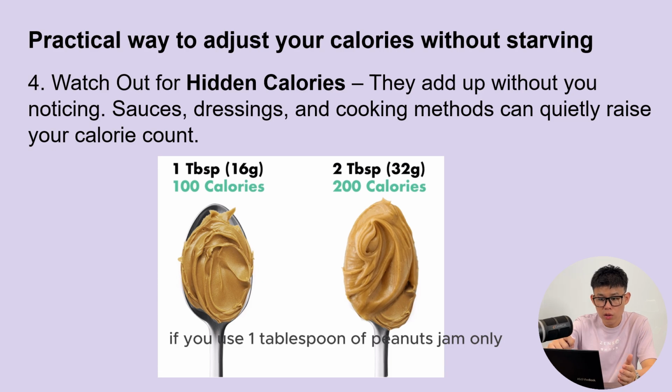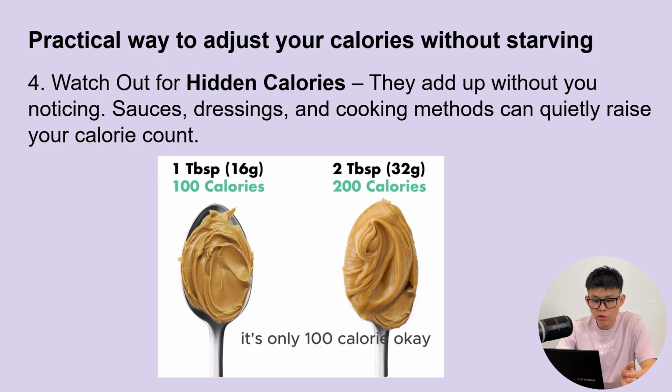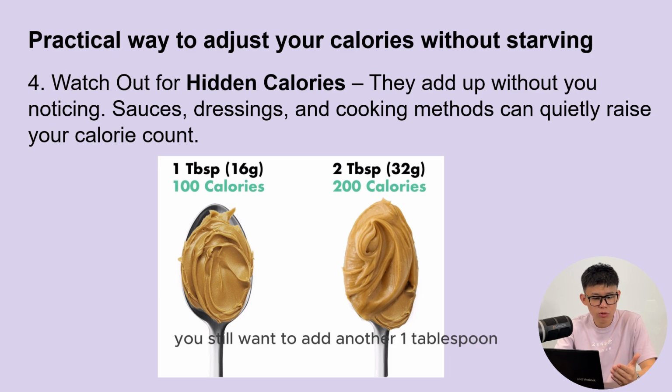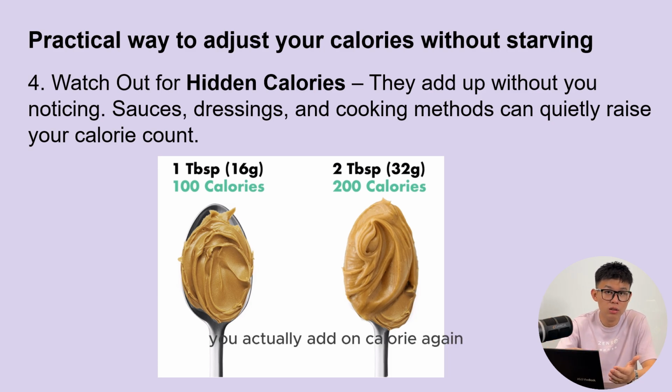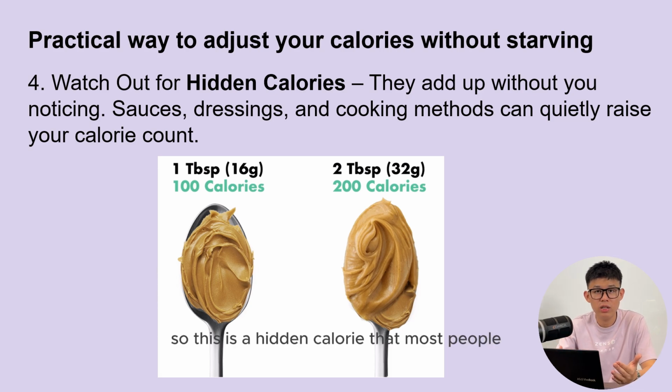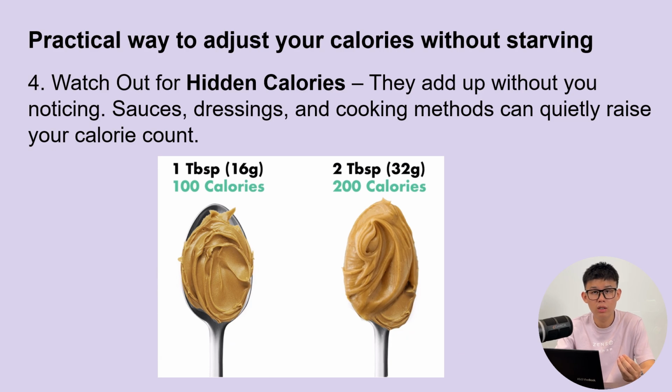If you use 1 tablespoon of peanut jam only, it's only 100 calories. But when you still feel not enough, you still want to add another 1 tablespoon, you actually add on calories again. So this is hidden calorie that most people don't notice as well.